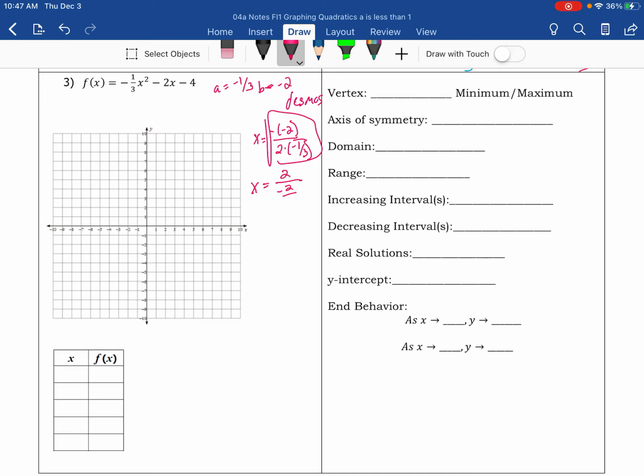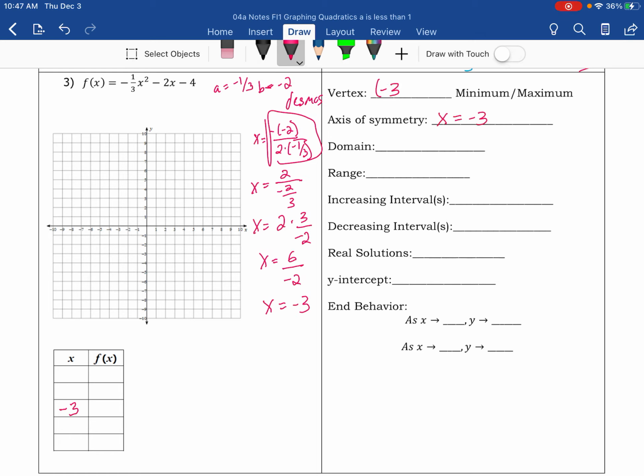For those of you that want to math it out, this is going to be 2 over negative 2/3, which is equal to 2 times 3 over negative 2, which is 6 over negative 2, which is negative 3. So I know the x value of my vertex is going to be negative 3.